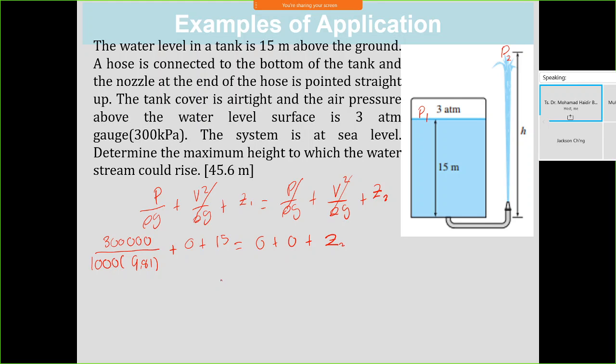So you can calculate, and hopefully you get Z2 equal to 45.6 meter. Okay, you can try. I hope there's no mistake for the answer given.